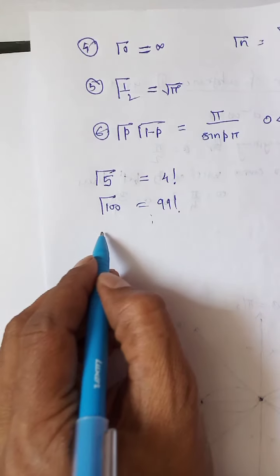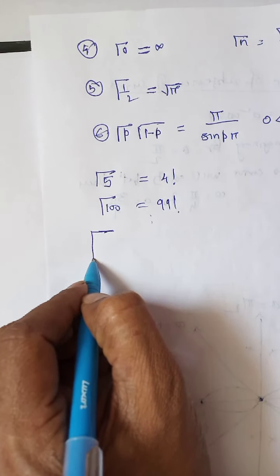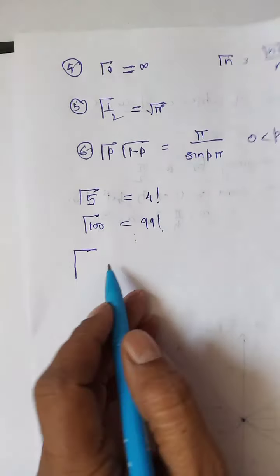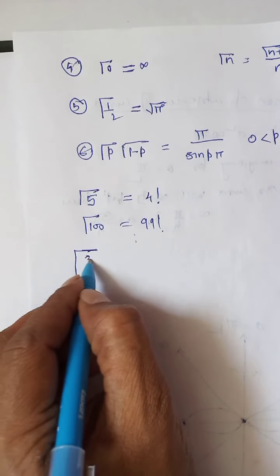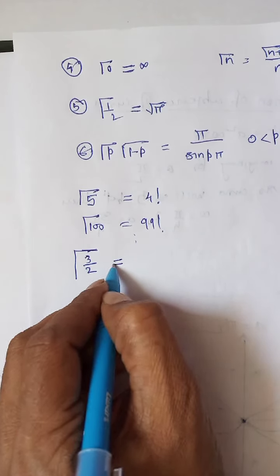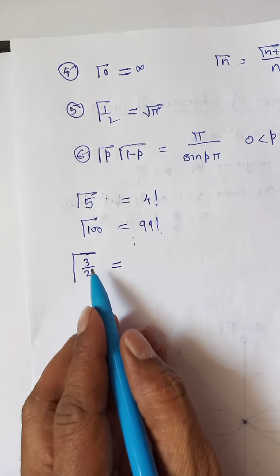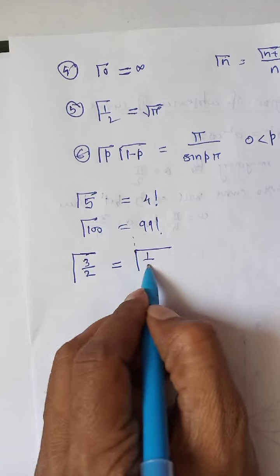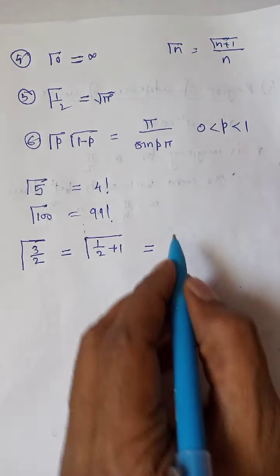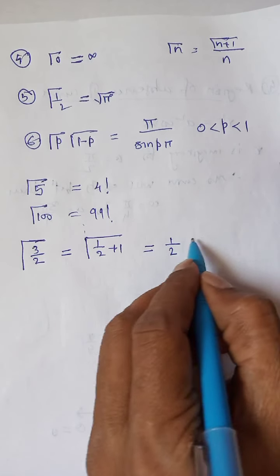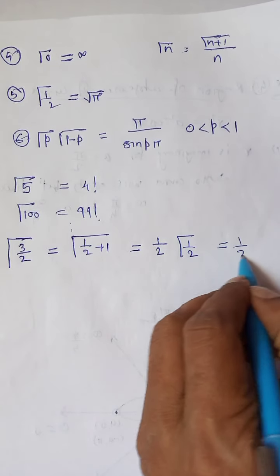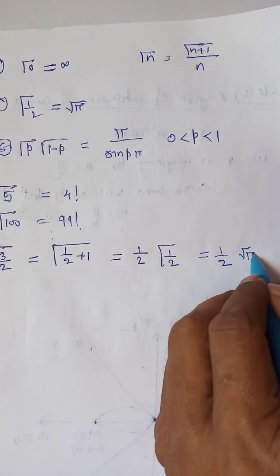Now since we have the value of gamma half, which is root pi, we can evaluate all the values of gamma, like gamma 3 by 2, gamma 5 by 2, gamma 9 by 2, and so on. Say gamma 3 by 2: 3 by 2 can be written as 1 by 2 plus 1. So using the reduction formula, this is n into gamma n, so half into gamma half, which is half into root pi.